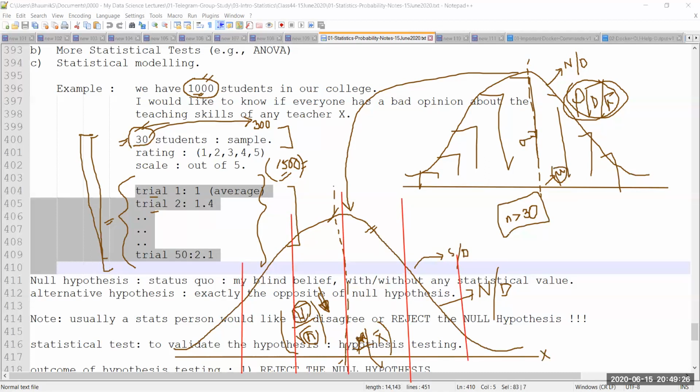Now this is my mean, so I'm going to call this x bar. The distance from x bar on the left hand side is -1 standard deviation, this distance is -2 standard deviation, and this distance is -3 standard deviation.